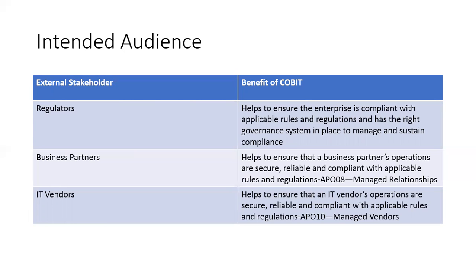Then, of course, you have the business partners. You cannot run businesses alone, so you have to join hands with other business organizations. But you don't want those business partners to become your attack surface as an organization. So COBIT can help you as an organization, and help the business partners also, to ensure that the business partners' operations are secure, reliable, and compliant with applicable rules and regulations.